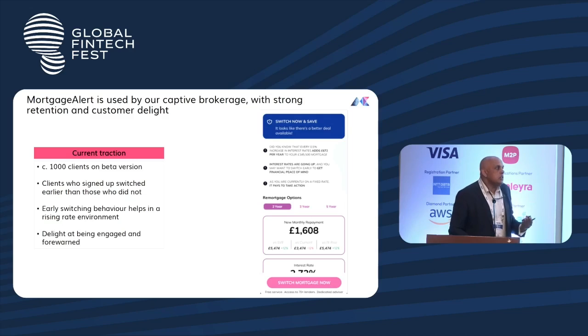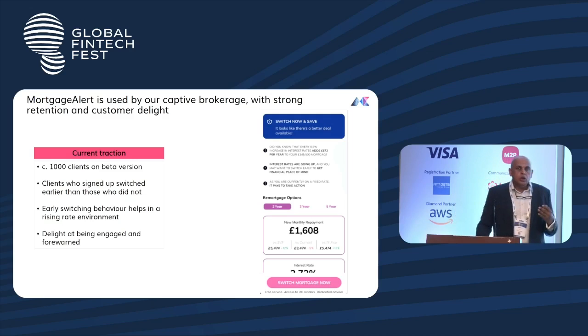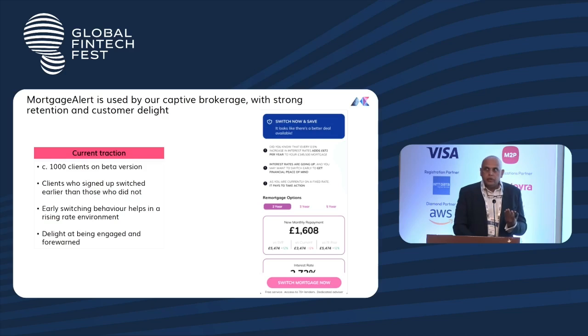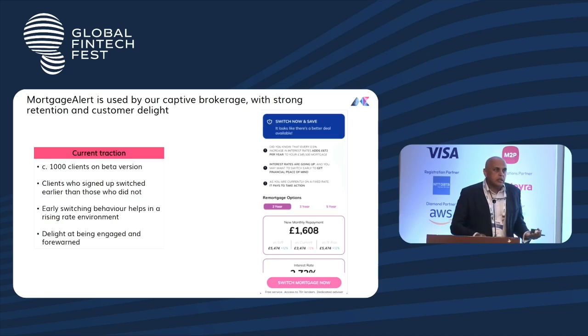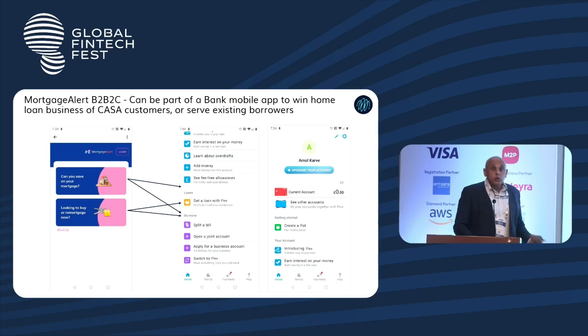So we can already see that people who have signed up to the tool are engaging with it frequently, are giving us good feedback on how they're getting better ideas on perhaps debt consolidation or looking for the right deals, or even being alerted to refinancing in time as interest rates, certainly in the UK markets, seem to be going up and up and up.